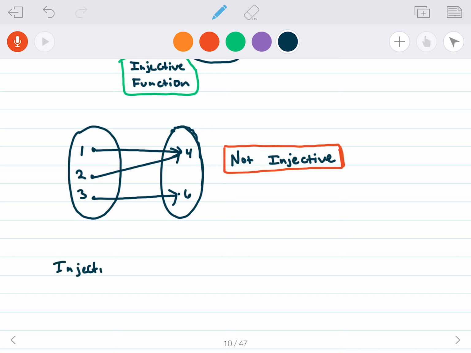Let's look at an example of a function we know and love: a linear function. It's going to be the function f of x equals 3x, going from R to R, and we're going to prove that.